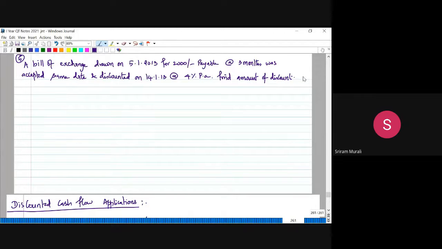So we have to find how many days it is existing, from 14th January to 8th April, because 3 months they are accepted. If they accept 3 months, then it should be counted with the unexpired date.